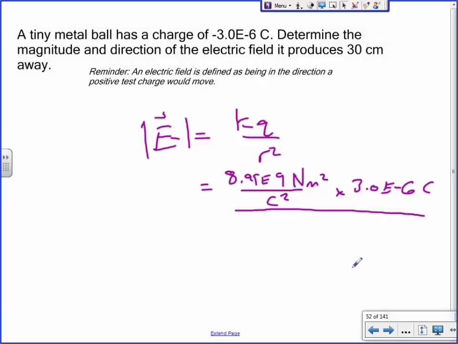And then last thing, we need to divide by 30 centimeters, but we have to convert that into meters, right? So that'll be 0.30 meters squared.